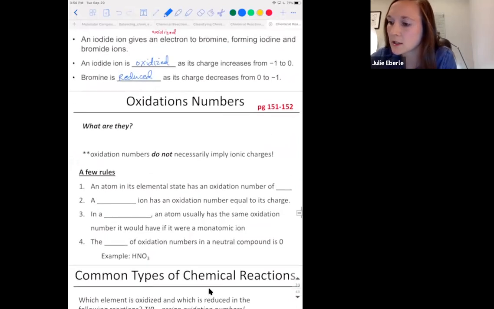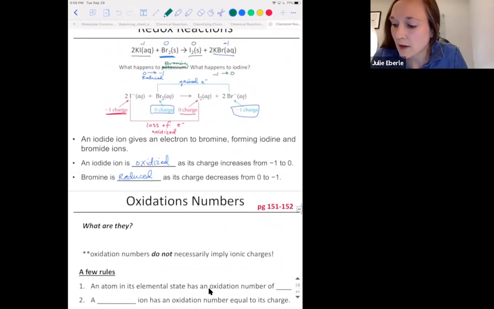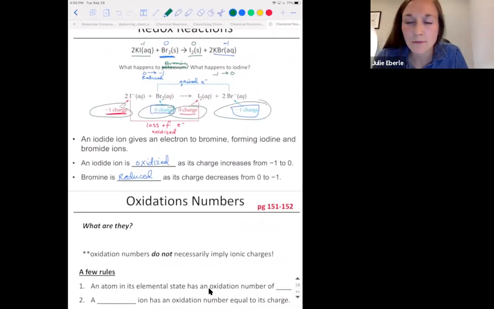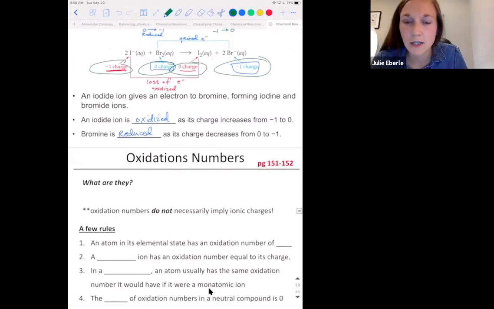Okay, let's talk about oxidation numbers before we're done for the day. I've said in the figures up here that we've been talking about a change in charge. You see the word charge on everything I'm circling. But I don't necessarily want you to think of it as charge. I want you to think of these as oxidation numbers.